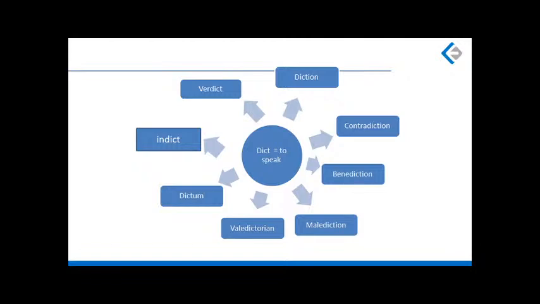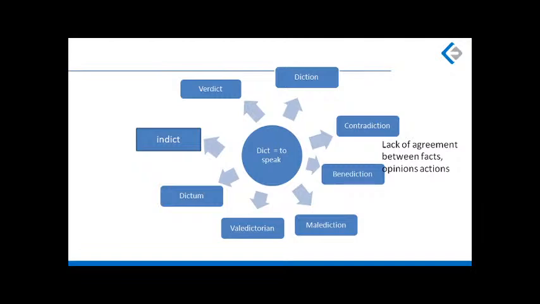Your pronunciation, your style of talking, where do you emphasize? Do you pause? Do you not pause? That is diction, which is why when you speak against, when you go against, when you try to disprove something, that becomes contradiction from the prefix contra, which means against.